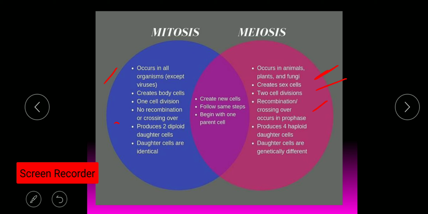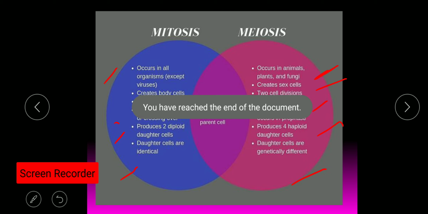The product of mitosis is two diploid daughter cells, whereas the product of meiosis is four haploid daughter cells. The daughter cells are completely identical to the parent cell in mitosis, whereas in meiosis the daughter cells are genetically different from the parent cell.